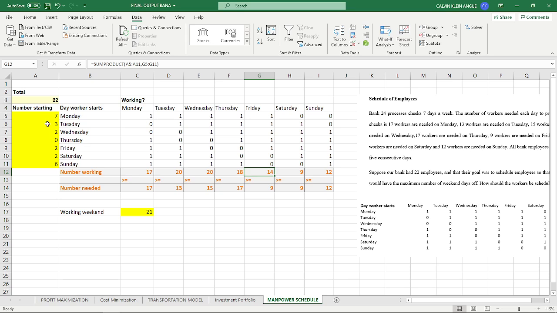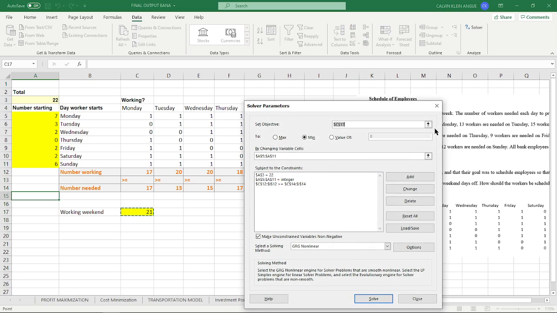Then the total number of starting is the sum of this, Monday to Sunday.